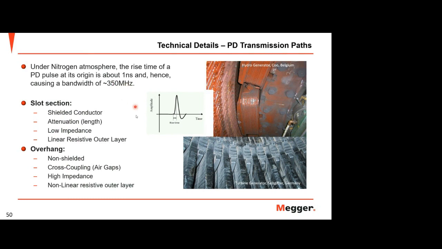So this is why the range of PD measurement on the rotating machine is in the 10 or 100 megahertz range.